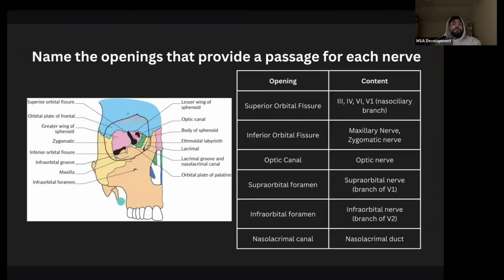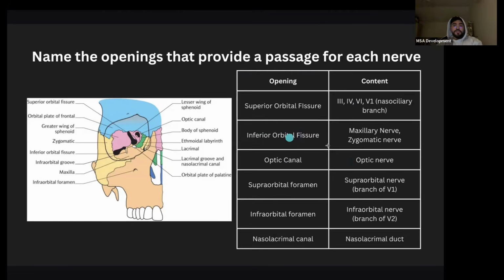Now, we have so many openings that provide passage for nerves, and these openings are within the orbit. So starting off with the superior orbital fissure. The superior orbital fissure, all right, holds cranial nerves 3, 4, 6, and the first division of the trigeminal nerve, okay?